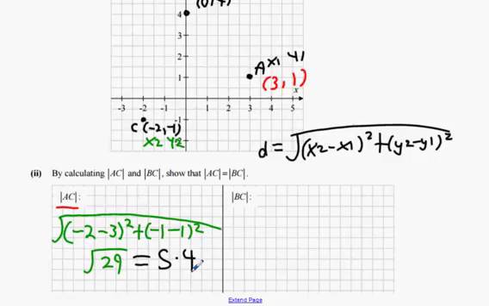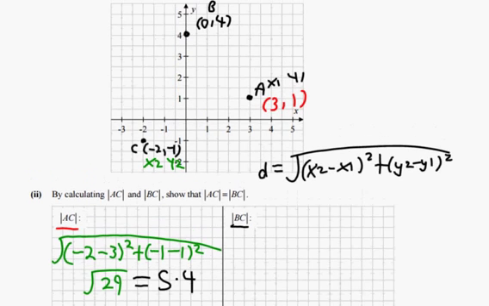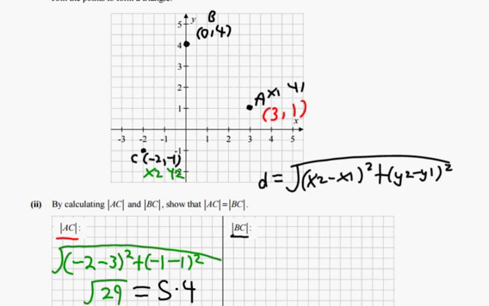Okay. Now we're doing the length of B to C. How did you do the length of B to C? Same thing, isn't it? That's x2, y2, or you could call that x1, y1, and then B is x2, y2. And what do you get now?